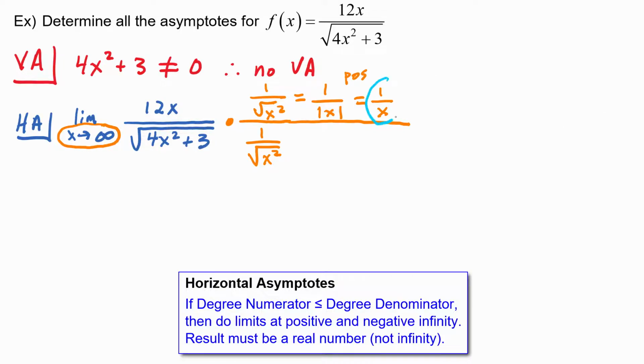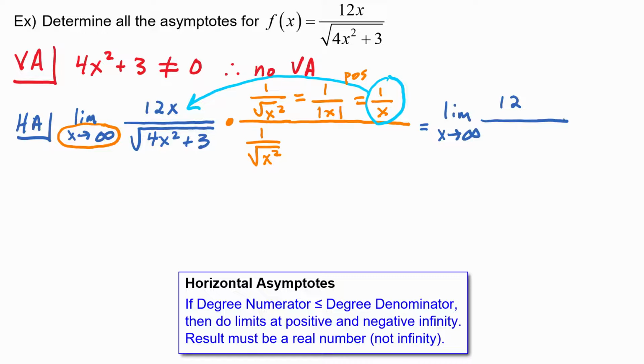And now it is this expression that we will use to multiply the numerator. So this becomes the limit as x goes to infinity of 12 over.